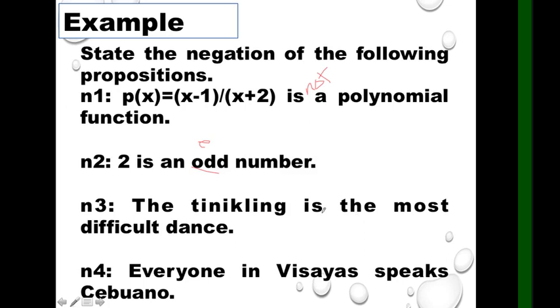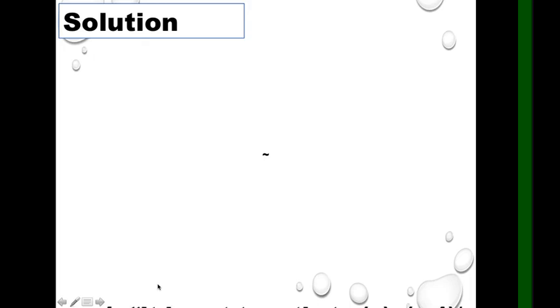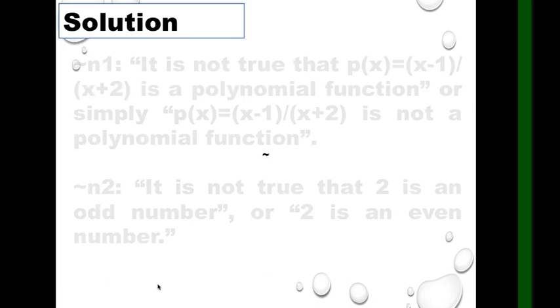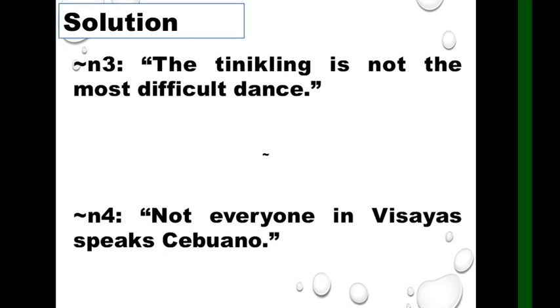But we can say that the tinikling is not the most difficult dance. So that's the negation for N3. For N4, everyone in Visayas speaks Cebuano. So how can you negate this? Not everyone in Visayas speaks Cebuano, or it is not true that everyone in Visayas speaks Cebuano. So that's what we've talked about. These are their answers.